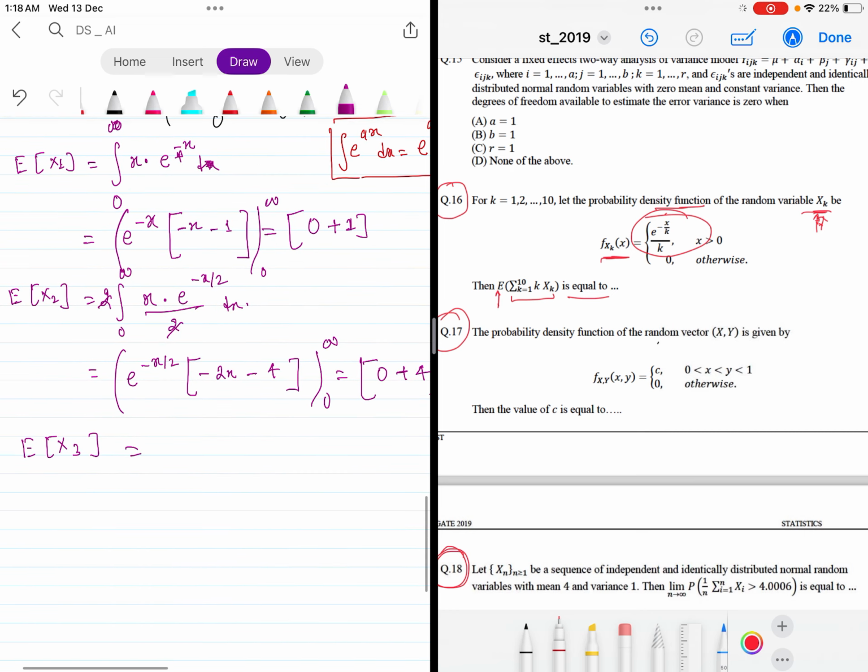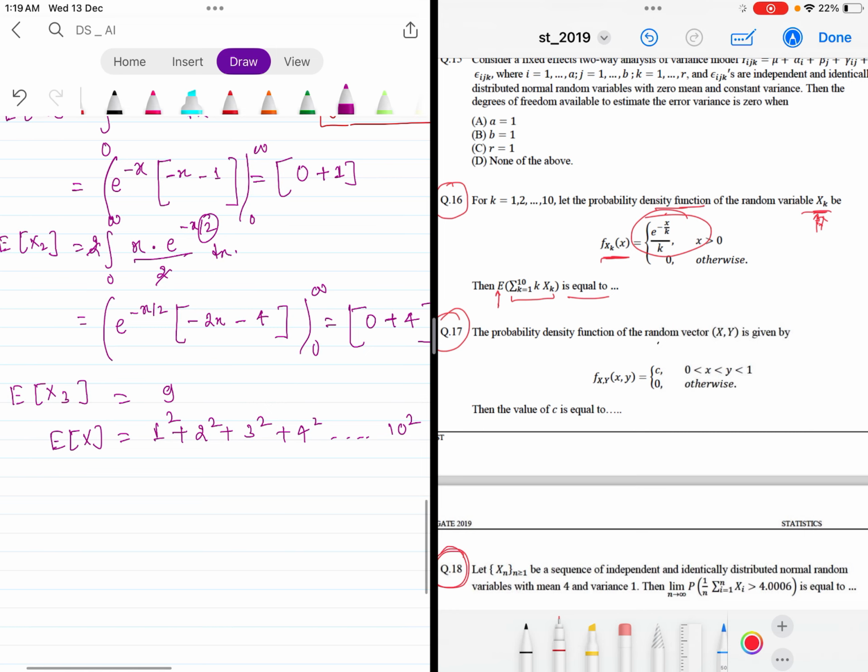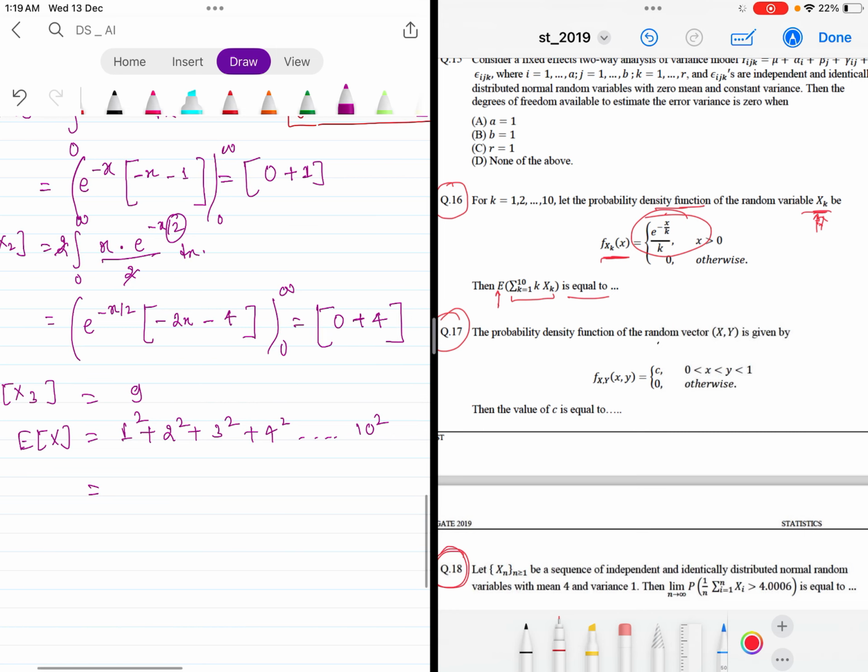Okay, I think that expected value will be the sum of 1 squared plus 2 squared plus 3 squared plus 4 squared, dot dot dot, 10 squared, right? So you will have to find the sum of this. What's the formula for the sum of the squares?